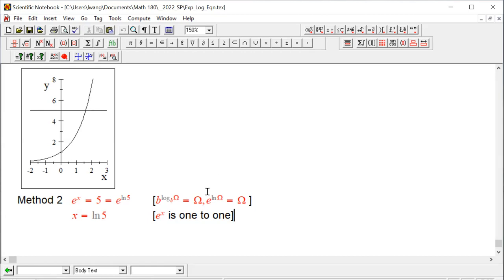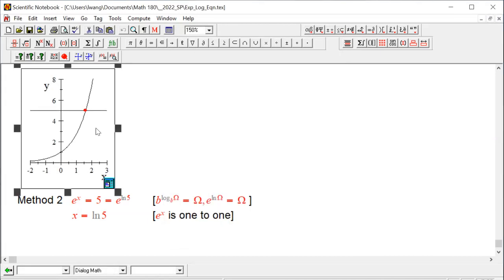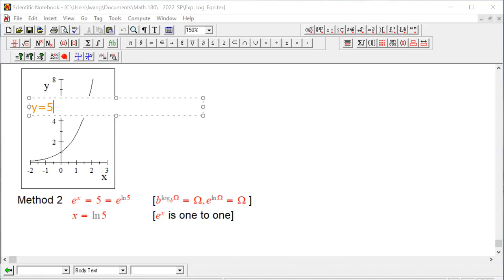Let's go back to method 1, because we couldn't identify the value. So now we can. The input is ln 5, the output is 5. So we got that red dot with a horizontal line cut, and that horizontal line is y equals 5.